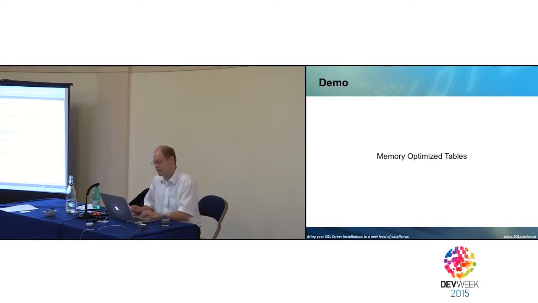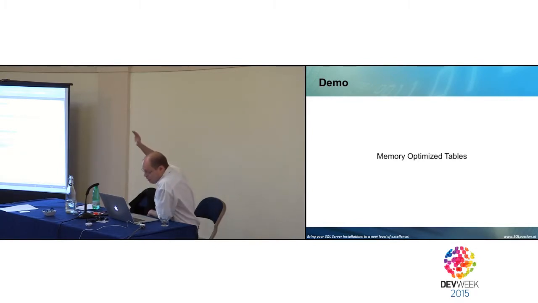We also have a dynamic management view called sys.dm_db_xtp_hash_index_stats, and that dynamic management view tells you for every hash index how many hash buckets you have and how many records you have in every hash bucket. As you can see, we have almost 1,000 records in every hash bucket. So a huge amount of hash collisions.